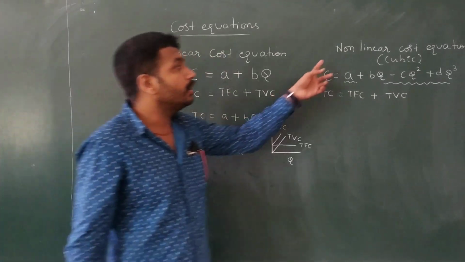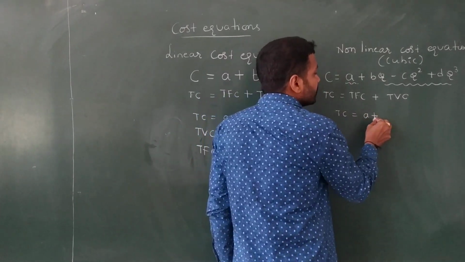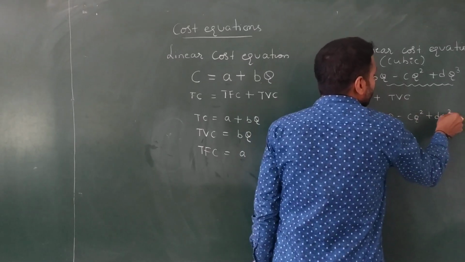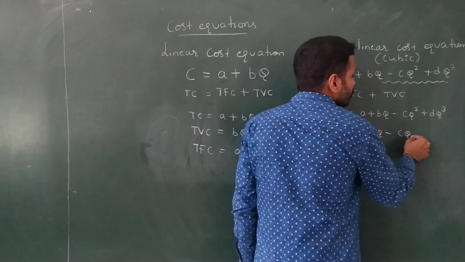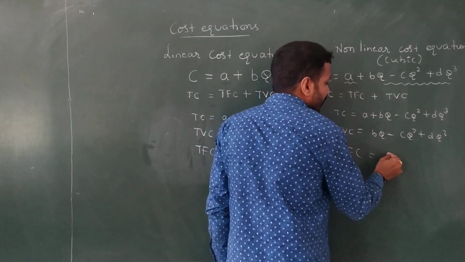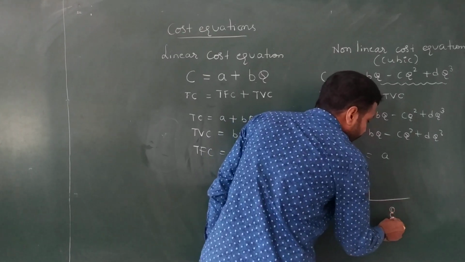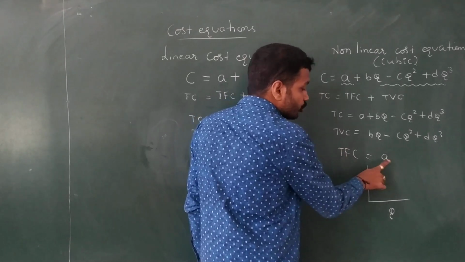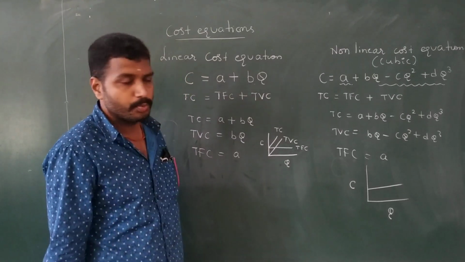When we consider the non-linear cost equation, TC will be equal to A + BQ - CQ² + DQ³. TVC will be BQ - CQ² + DQ³, and TFC again is A. When we plot these three, TFC is a constant, so it is horizontal, parallel to the output axis.